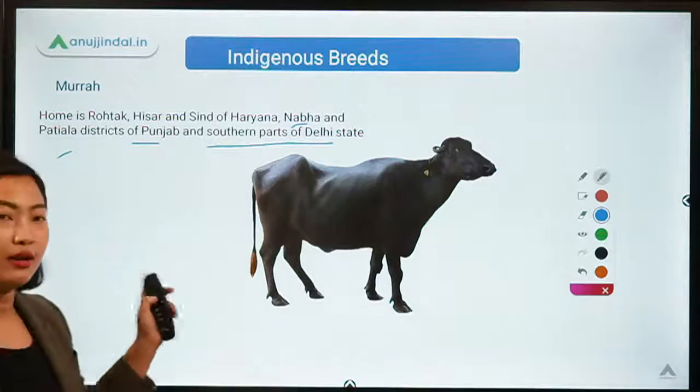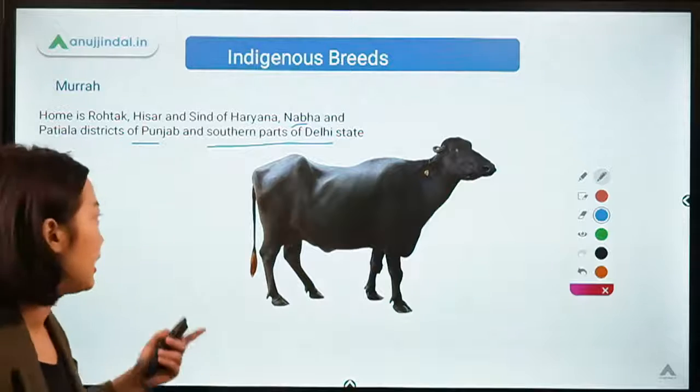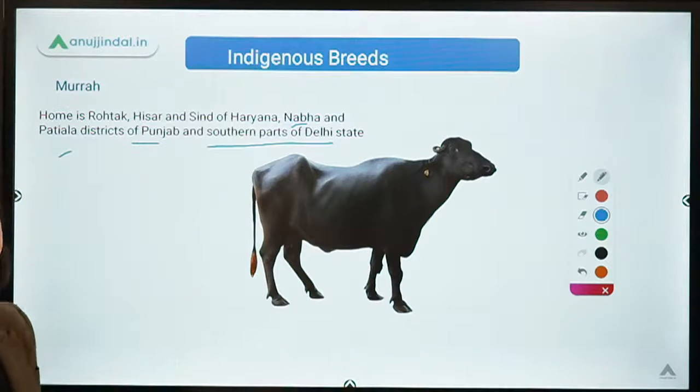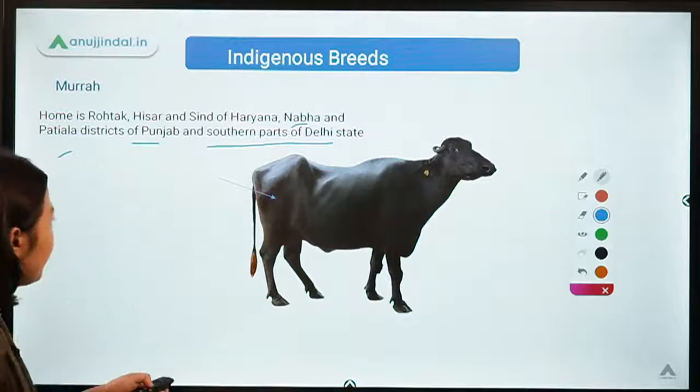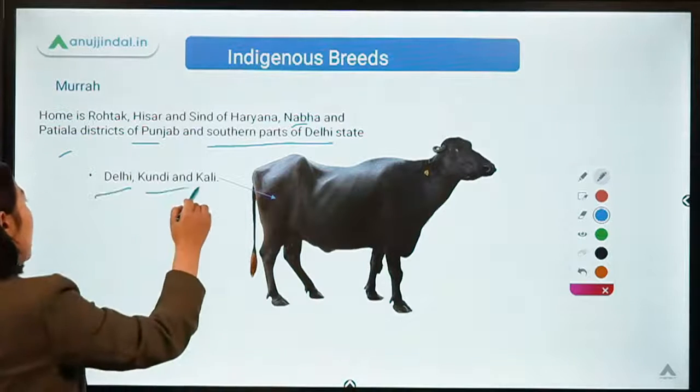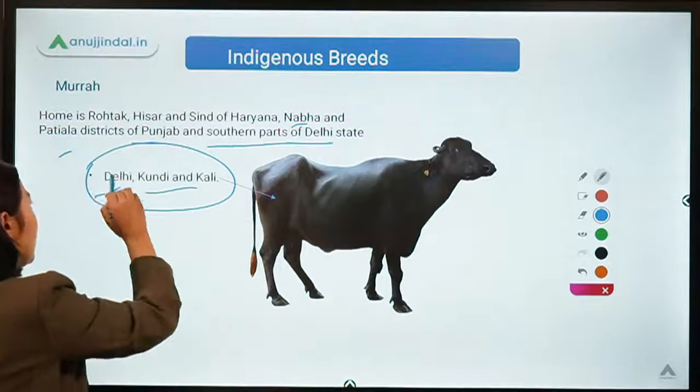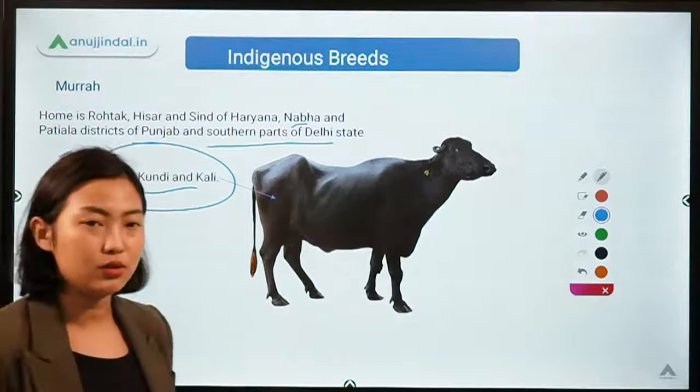So this is towards the Haryana, Punjab and Delhi state, and that's why it is also known as Delhi, Kundi and Kali.